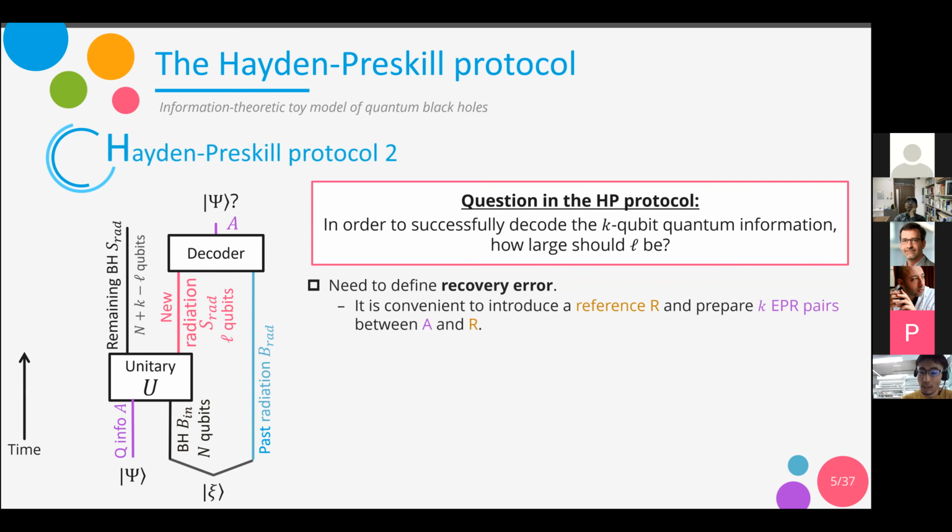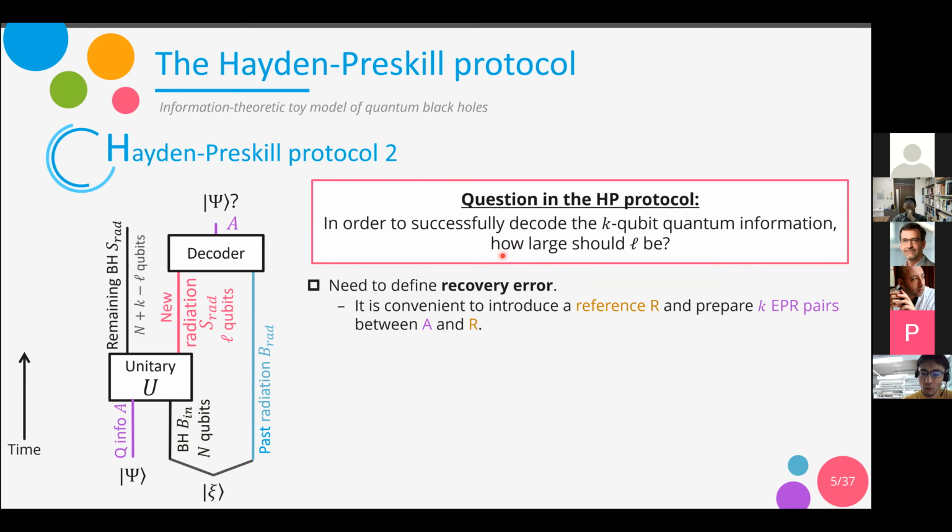And when we talk about information recovery, of course, we should first define what a recovery error is. So let me first explain how we typically define the recovery error. We just follow the convention of quantum information theory.